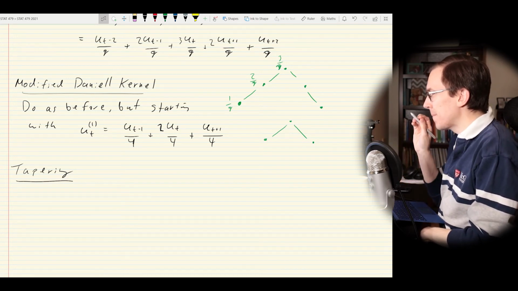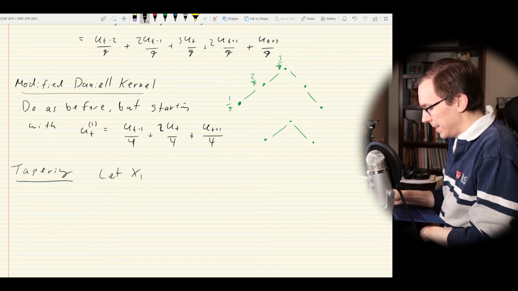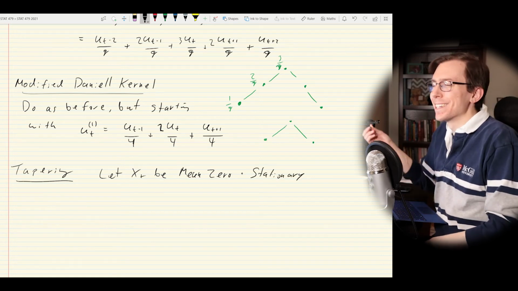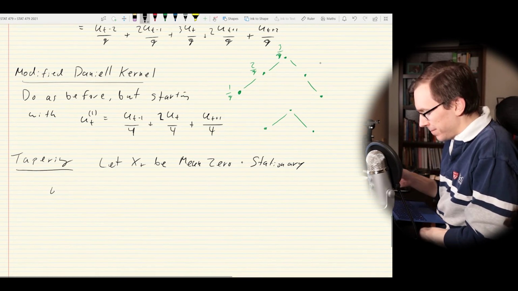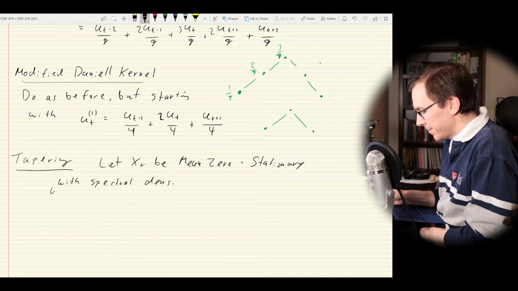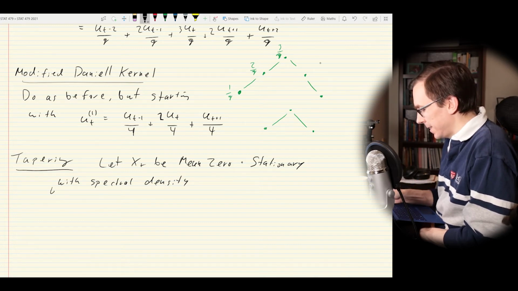We're certainly going to be doing that here. In this case, we need to, once again, say let xt be mean 0 and stationary, as almost always, but just to emphasize, we need that, with spectral density, which is what it always is, fx omega.